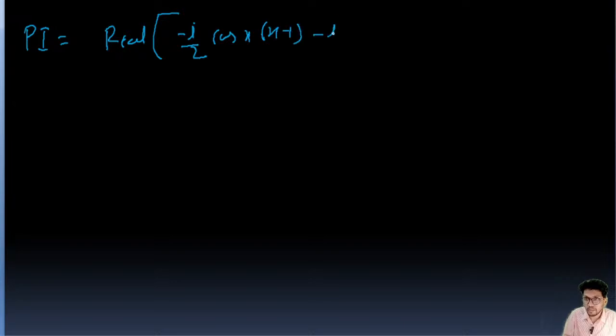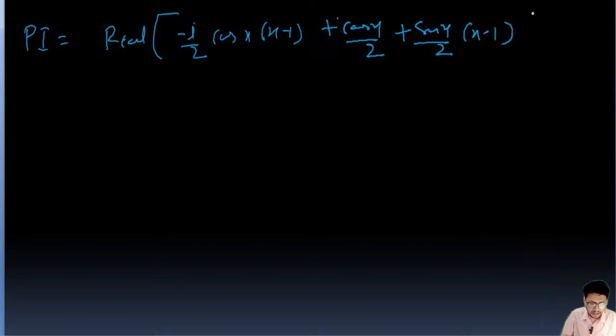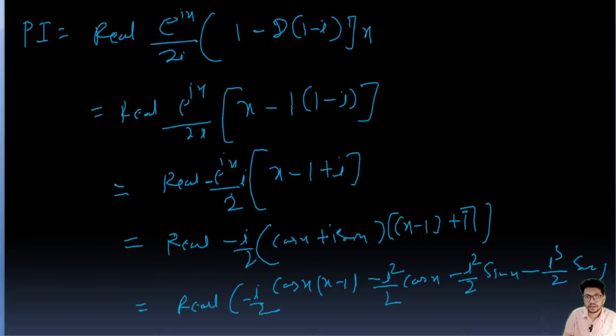So y is going to be a real part of minus iota by 2 cos x into x minus 1, minus iota square by 2, so this is going to be, minus iota square is 1, right, so this is going to be plus cos x by 2 plus sin x by 2 into x minus 1 and plus iota by 2 sin x, by simplifying this.